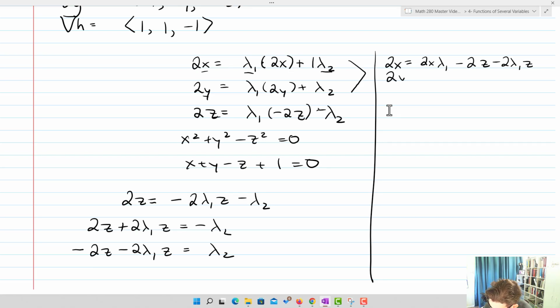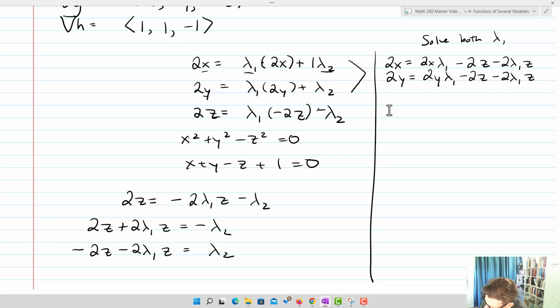And then 2y is going to equal 2y lambda 1 minus 2z minus 2 lambda 1 z. Now we can solve both of these for lambda 1. So we solved for lambda 2 first, and now we're going to solve for lambda 1. Do you have to do it in that order? No, you don't, but let's do it this way and see what happens.